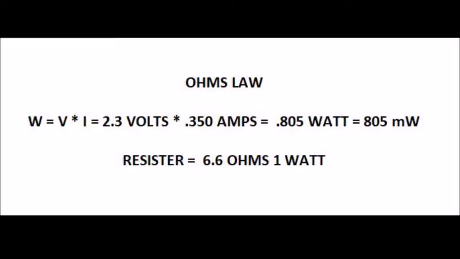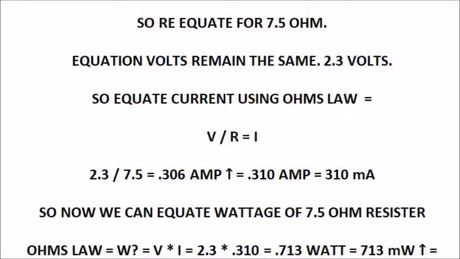The one thing we do know though is you can't get a 6.6 ohm 1 watt resistor. You can get a 7.5 ohm 1 watt resistor, so that is what we're going to work with. So it's back to our equations again. We need to re-equate for the 7.5 ohm resistor.